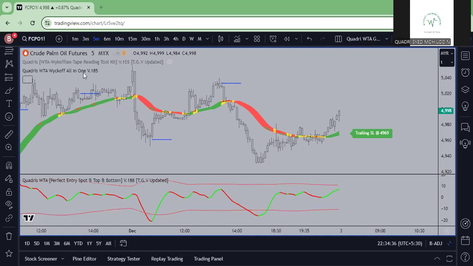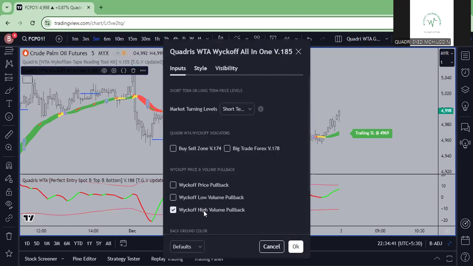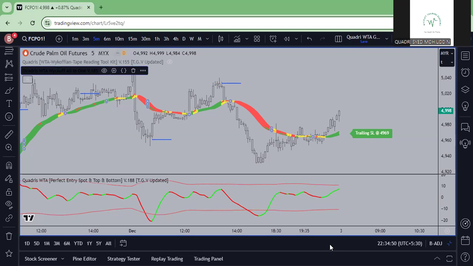And if you don't want to use any of these things, price volume, I normally use high volume and pullbacks. The reason for that is I want to see this side, because this portion is absolute selling for me. This portion is absolute buying for me. You're getting my point. This candle is absolute buying for me.